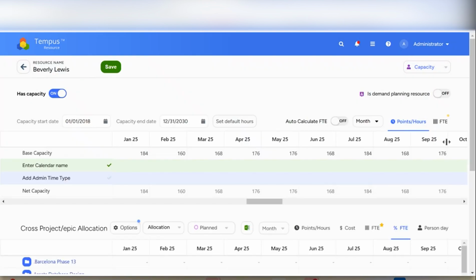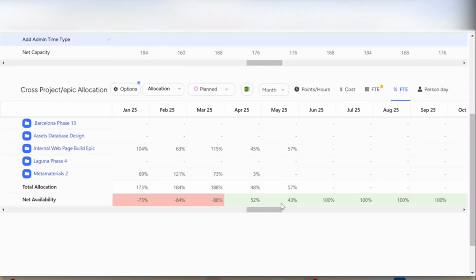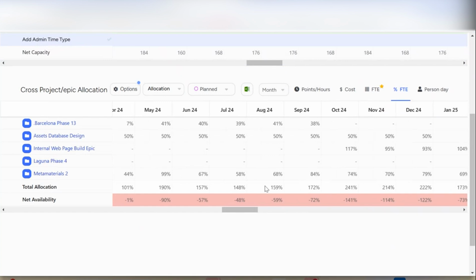Red typically denotes that I've got an issue, and of course it does here as well. And it's because Beverly's manager has overallocated her in the same time frame that we need her. How do we know that we're actually going to get our fair share here? Beverly's 59% overallocated.